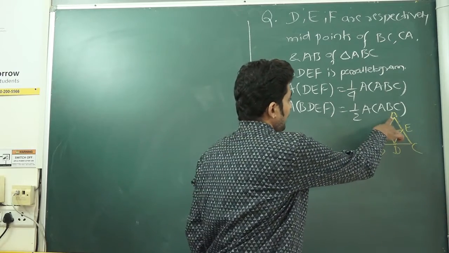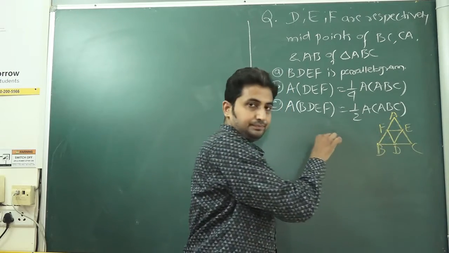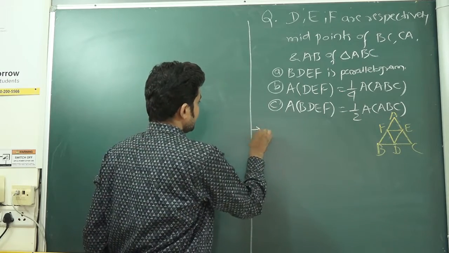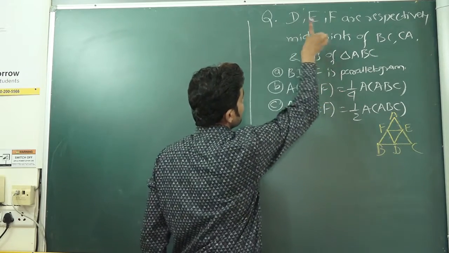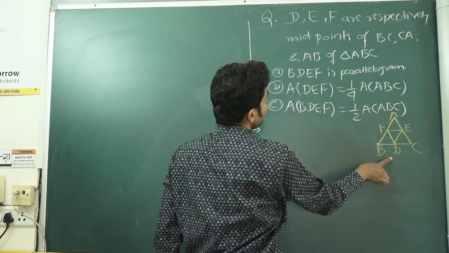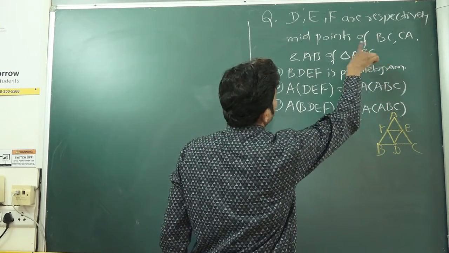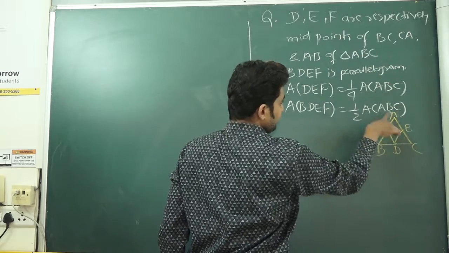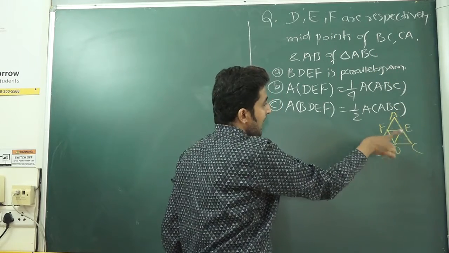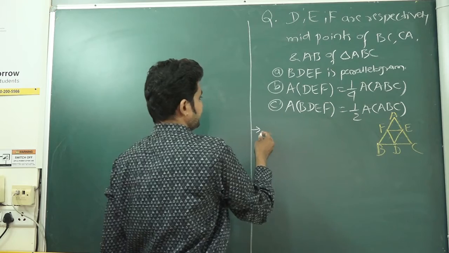Now if we consider triangle ABC, here what is given? D, E and F. D is the midpoint of BC, right? Then E is the midpoint of CA, that is given, and F is the midpoint of AB.